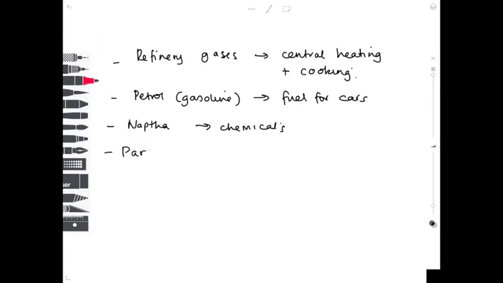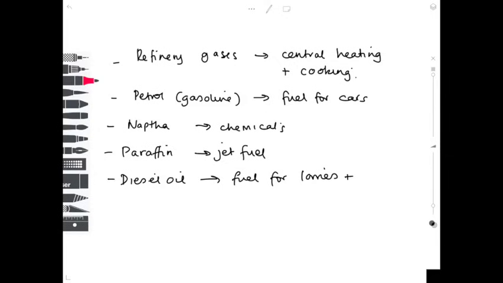Then we have paraffin, which is used as jet fuel. Diesel oil now. This is a heavier fuel and it tends to be used in lorries and buses.